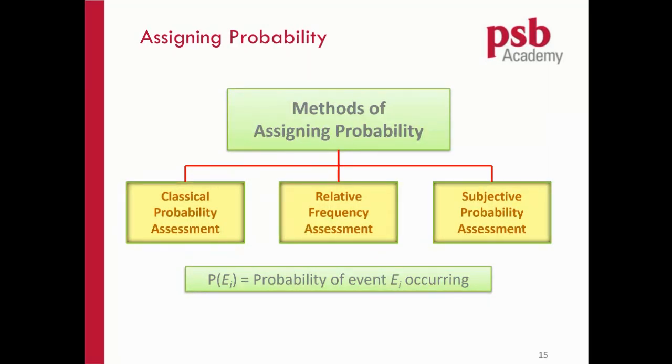Before we go on, there is a notation here. This P is called probability. And you have a bracket. Inside this bracket, there is something happening. Okay, so for example, I may write the probability that I get a 4 when I toss a die.